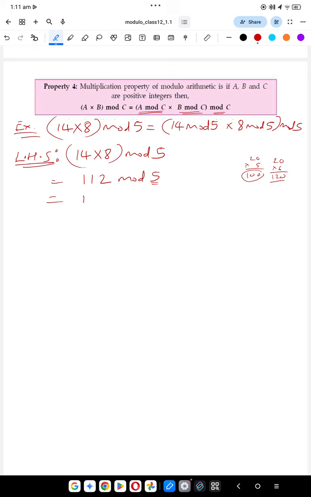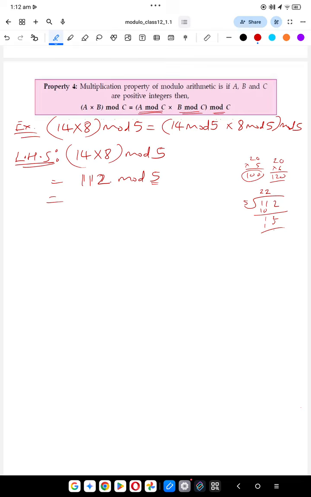Let's take 112 and divide it by 5. 5 twos are 10, and again 5 twos are 10.